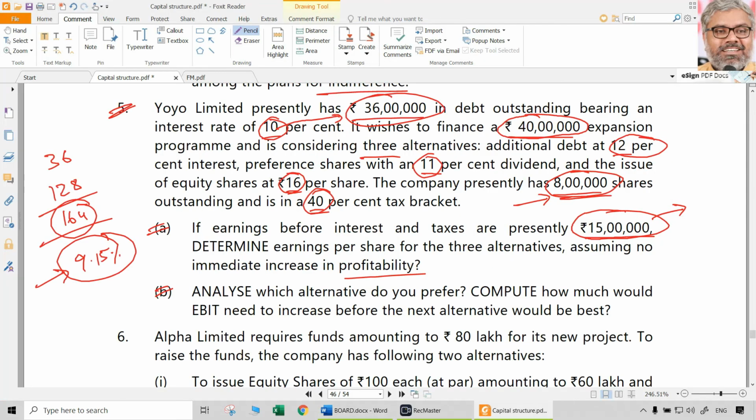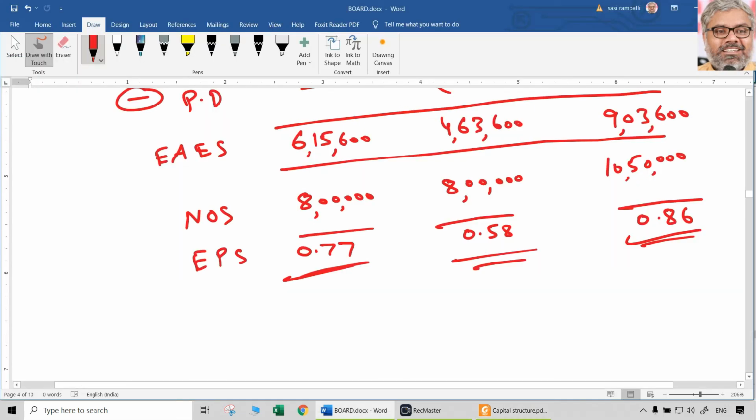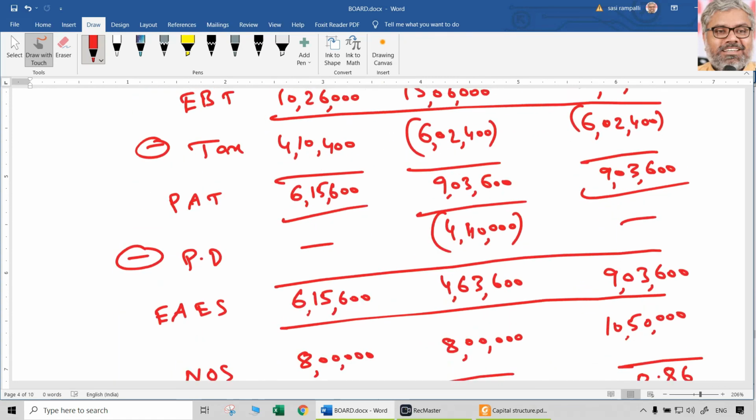So 0.77, 0.58, 0.86. That is the EPS under the 3 different alternatives.